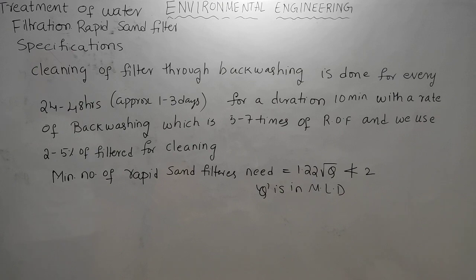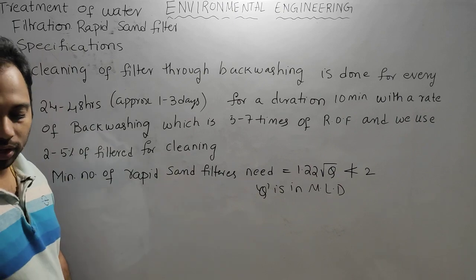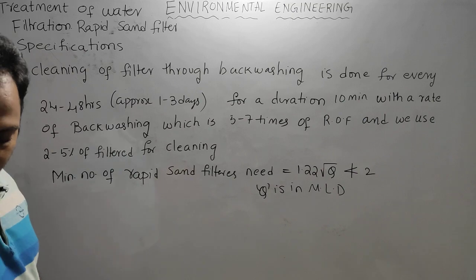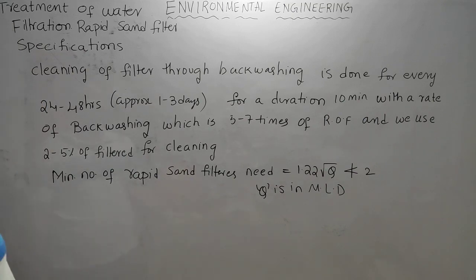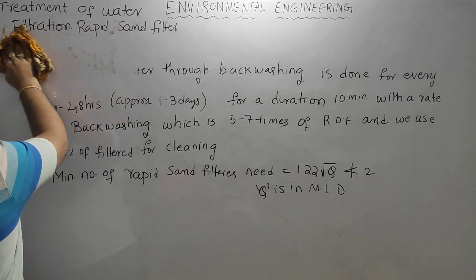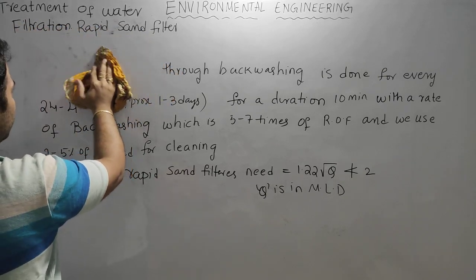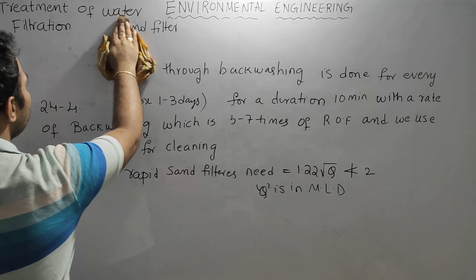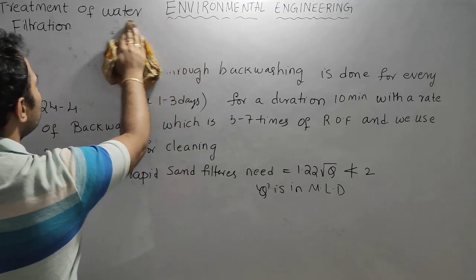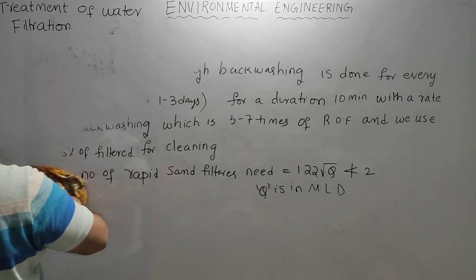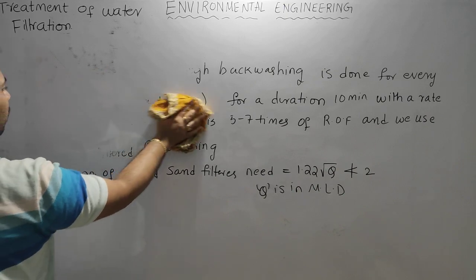Now, these are all the specifications of a rapid sand filter. Now we are going to discuss the under drainage system, which is present for both the slow sand filter and the rapid sand filter. But the difference is that in the slow sand filter the under drainage system only collects the water, whereas in the rapid sand filter it should be sufficient to collect the water as well as have the capability for backwashing.